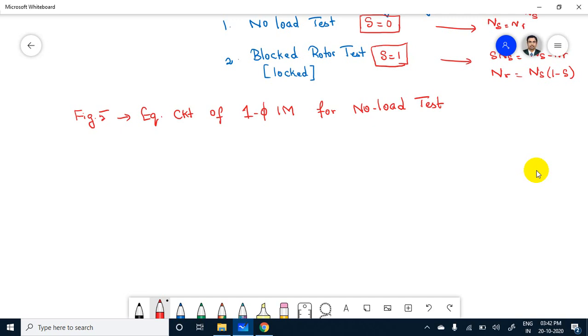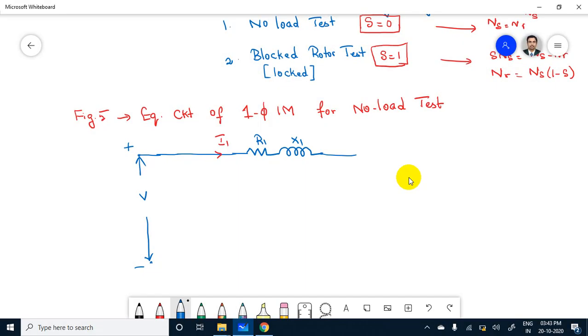Here the same thing: plus minus, you are giving voltage, and then R1 X1, and the current flowing here is I1. This is the stator.